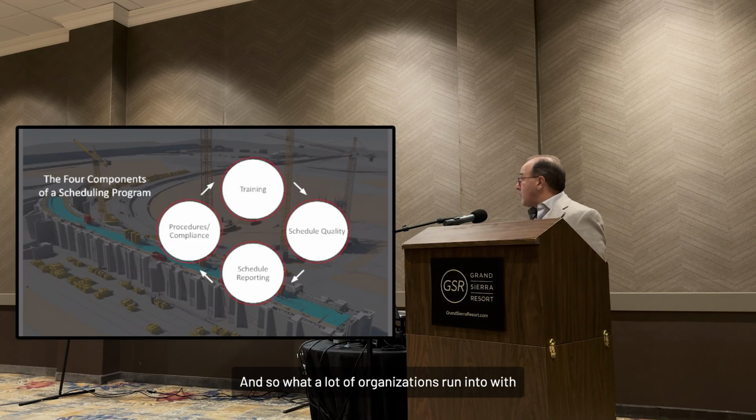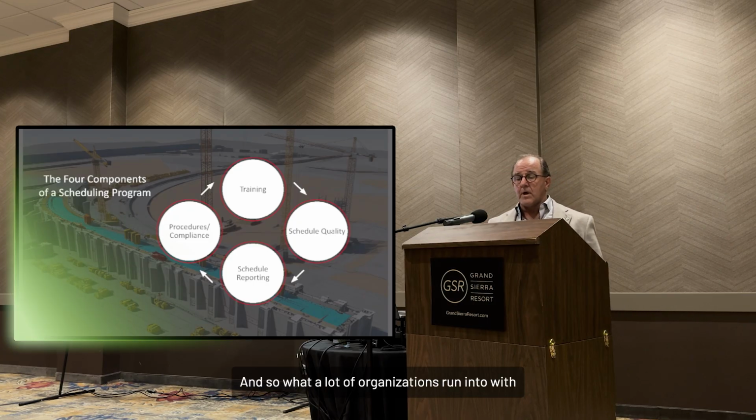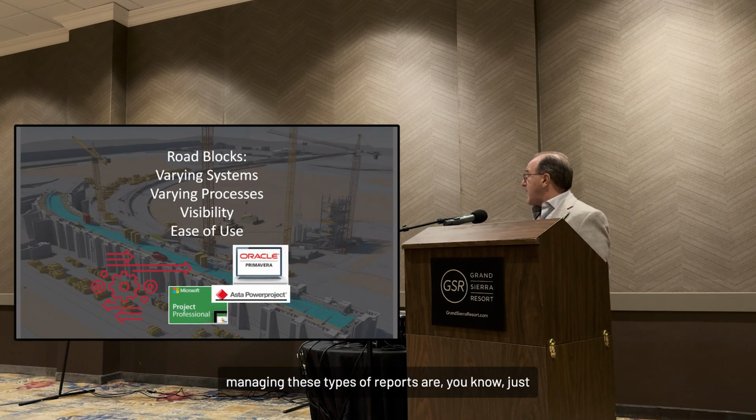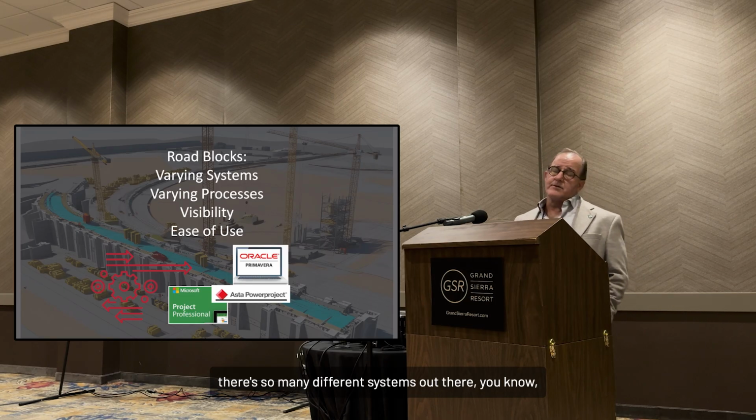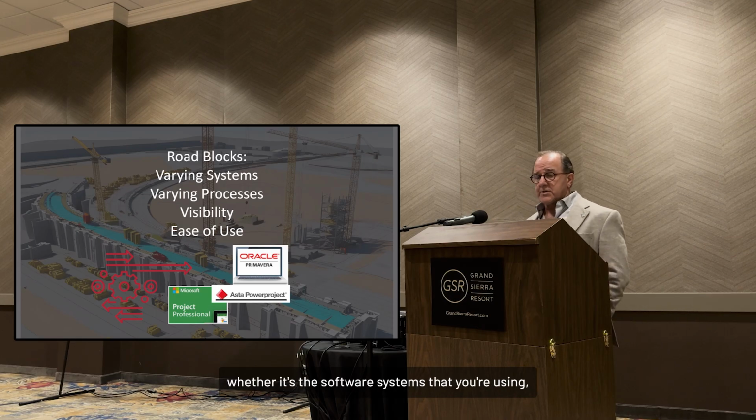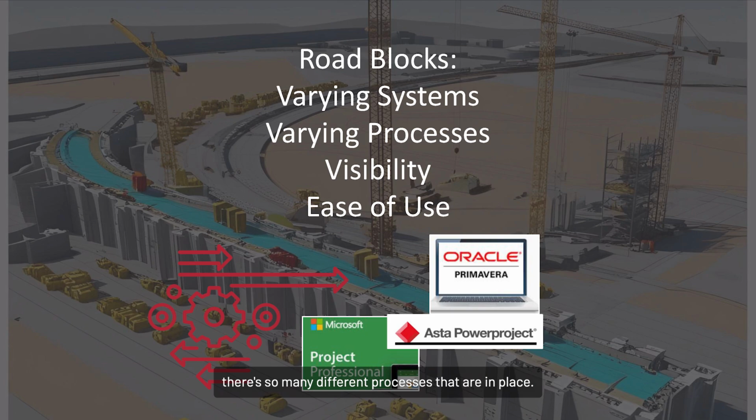And so what a lot of organizations run into with managing these types of reports is that there are so many different systems out there, whether it's the software systems that you're using, and so many different processes in place. A lot of times, even processes that are driven from contract to contract, where one contract requires a certain number of updates per month and another one requires one a month.